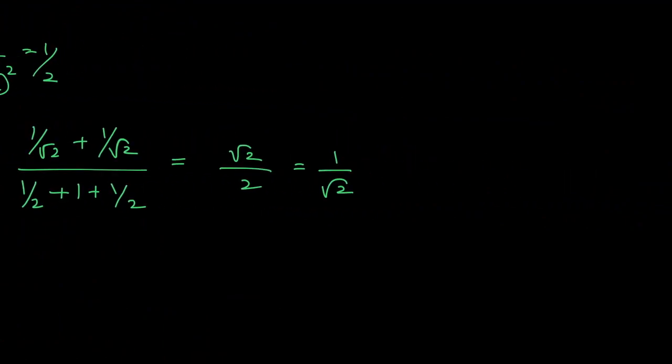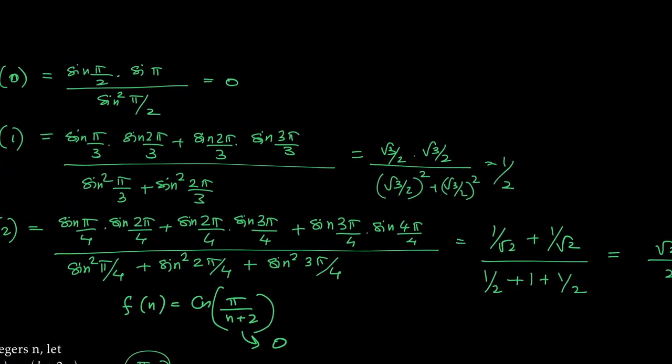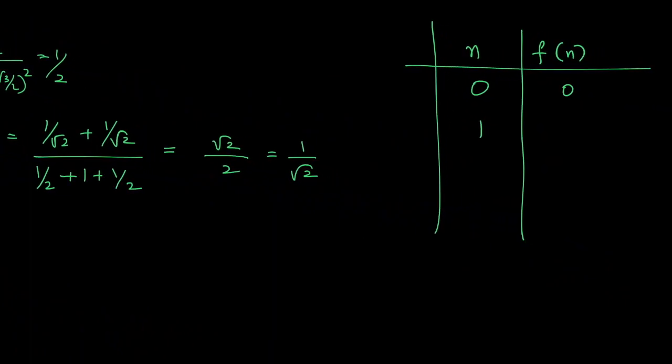Now you observe that there is a pattern. Okay, so f of n value and n value. When n is 0, this value is 0, and when n is 1, this value is 1 by 2, and when n is 2, this value is 1 by root 2.